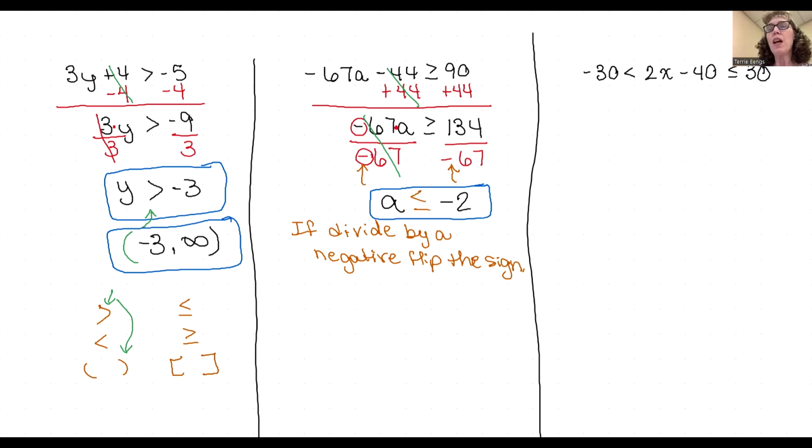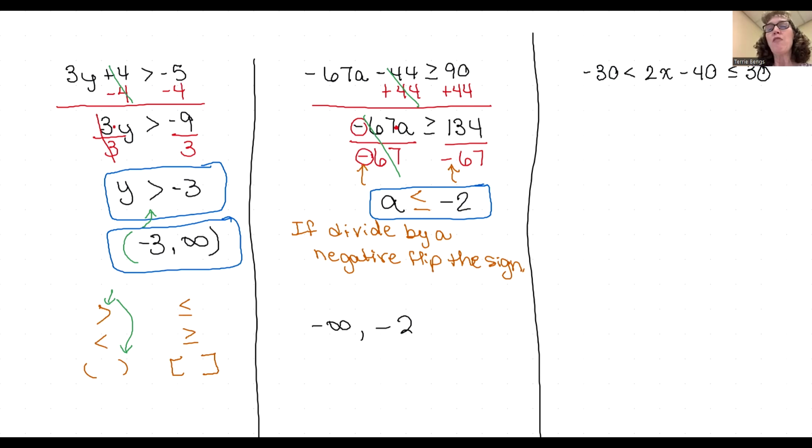So we want to write that in interval notation. We always write down our number first, right? So we have a negative 2. And then we ask, which side should we go? This says that a is less than or equal to negative 2, so we're going towards the negative side, so negative infinity.